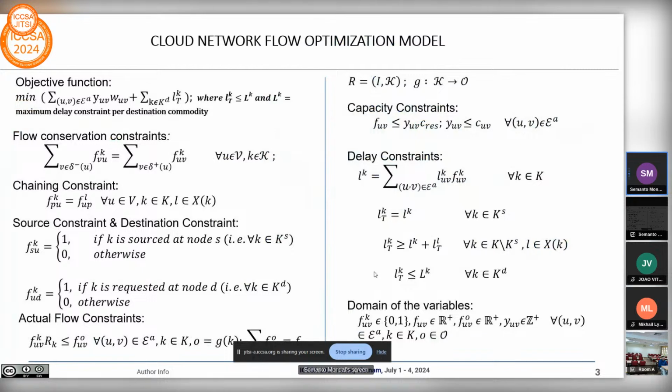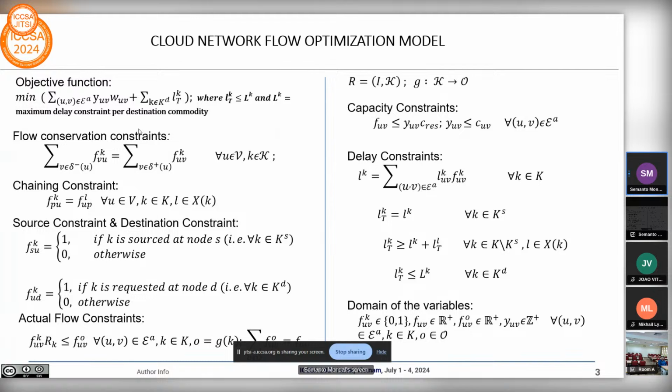And this is the formulation of our cloud network flow. I mean, this is the overall formulation of our optimization model. I don't think I have much time to explain each and every equation that we have used for the final formulation, but I will tell something about the objective function. Here our objective function tells that the main purpose of the model is to reduce the cost and the delay.